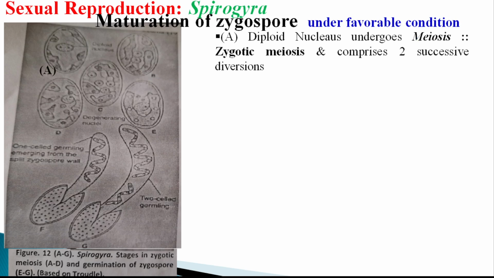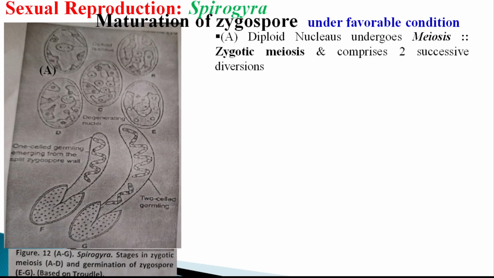So my friends, you have to remember that the diploid nucleus of a zygospore undergoes meiosis when conditions become favorable, and this type of meiotic division in the zygospore of Spirogyra is generally known as zygotic meiosis. So please remember this point: zygotic meiosis.